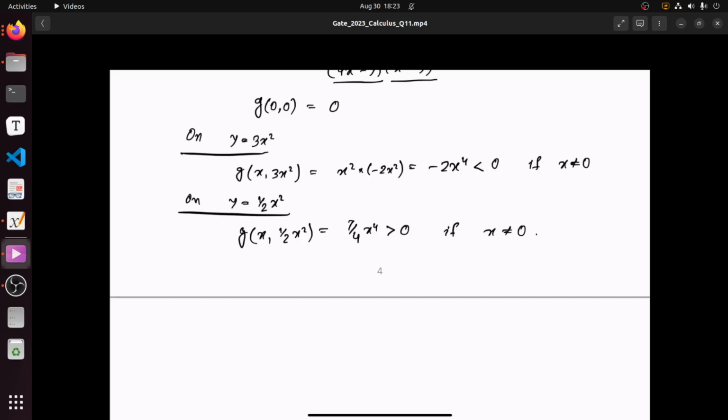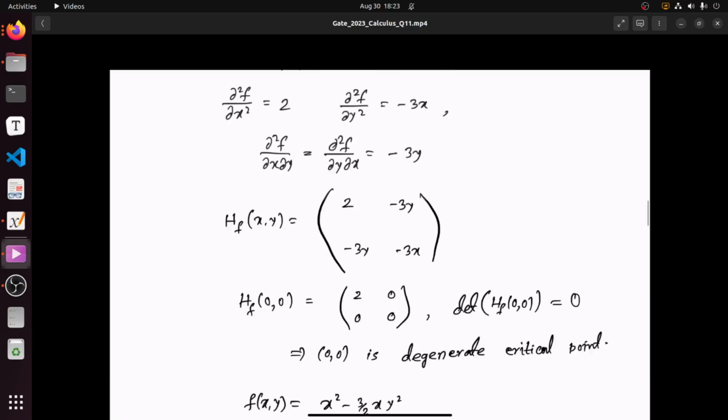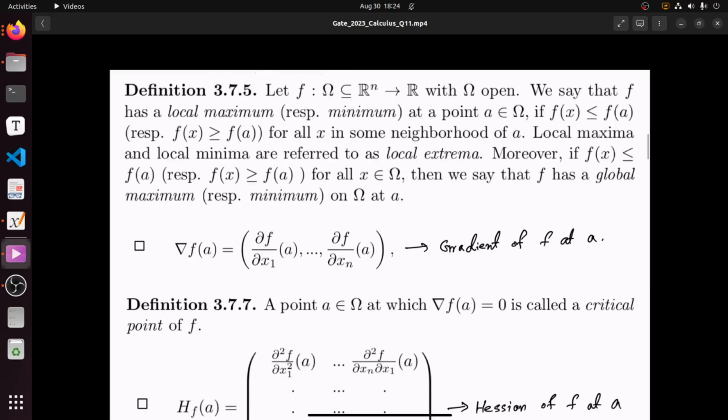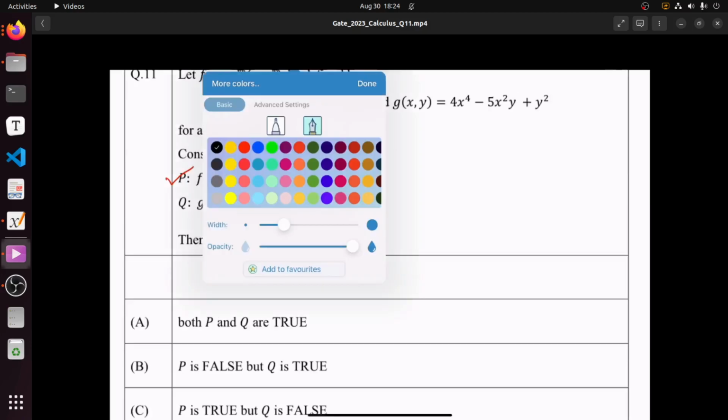As it changes sign, this says that (0, 0) is a saddle point of g. So both the points are saddle points of f and g. So what we have got is that g has a saddle point at (0, 0). So this is also correct.